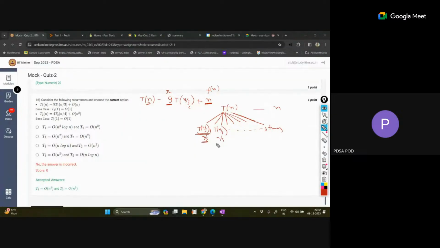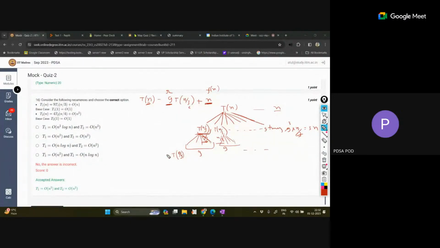If you add all these 9 times, 9 into n by 3, you get 3n at this step. Previous was n, and this time it is 3n. Each child again has 9 children, and the size is n by 9 this time, for T(n/9) for each of the 9 children.